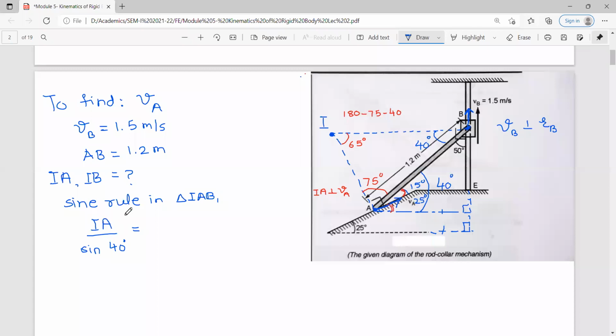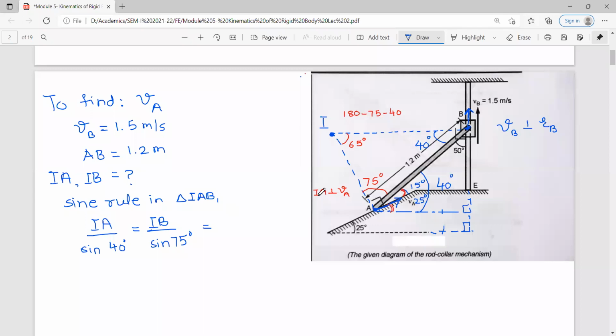Similarly, another side, IB upon sine of 75, is equal to, which one is the remaining side of the triangle? That is AB.